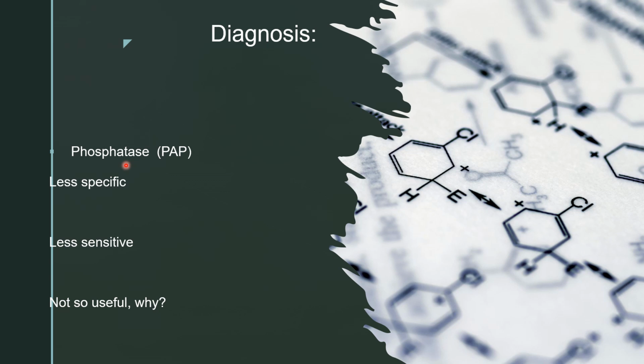However, PAP, that is prostatic acid phosphatase, is less specific to prostate cancer and it is less sensitive when determining whether or not you have prostate cancer. So we can summarily say that it's not useful. And why the emphasis on not even thinking about it?